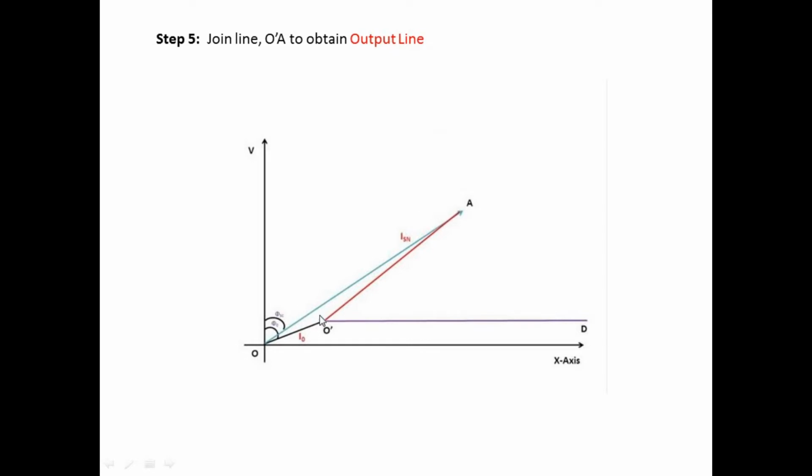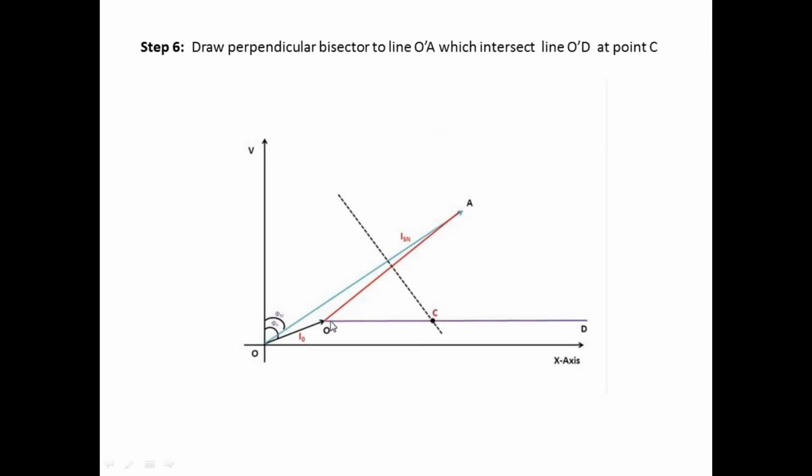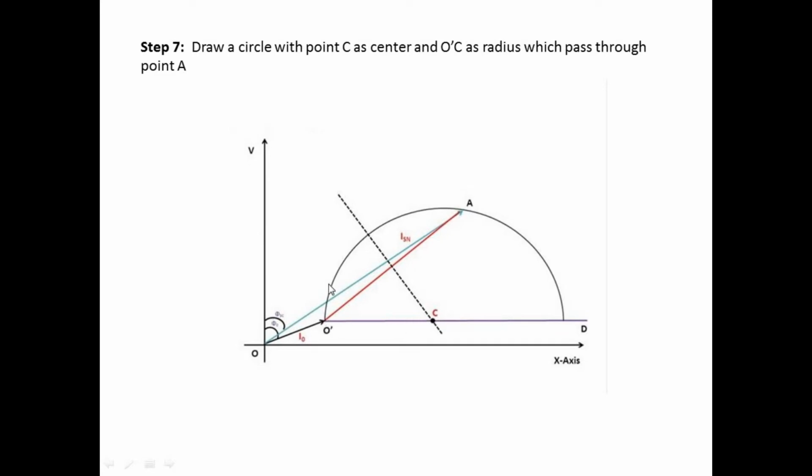So we have to draw a circle passing through O dash and A. In order to find the center, we have to draw a perpendicular bisector to O dash A, which will meet O dash D at C. Hence C is the center of the circle, and we can draw the circle by taking C as center and O dash C as radius. So we can complete the circle like this. O dash C is the radius and C is the center, and it will pass through A.